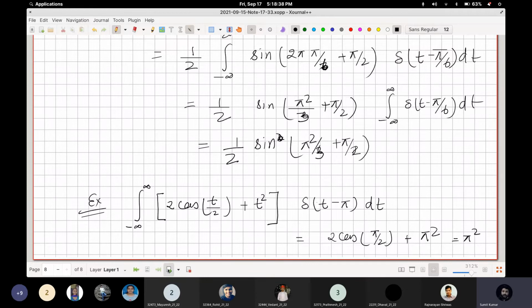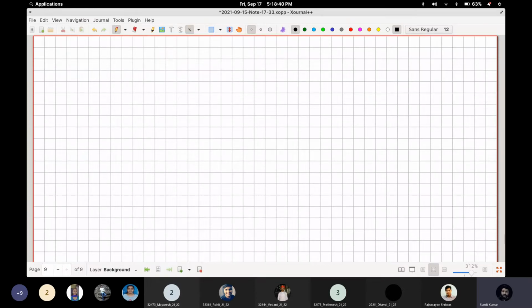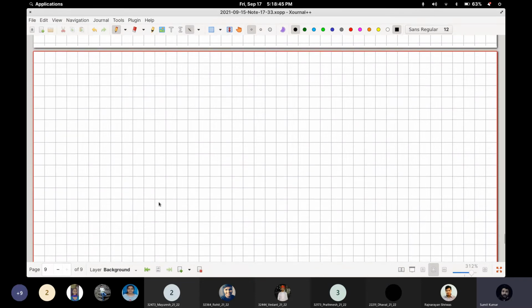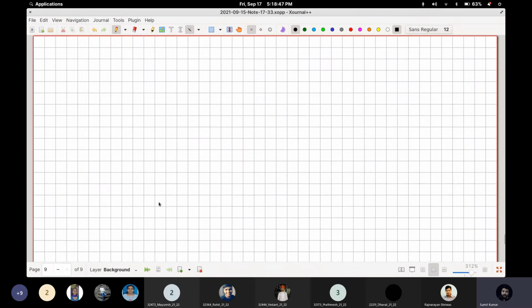So we have already discussed the impulse now, and let's move on to the unit ramp signal. The unit ramp signal is written as r(t), and this is actually t times u(t).